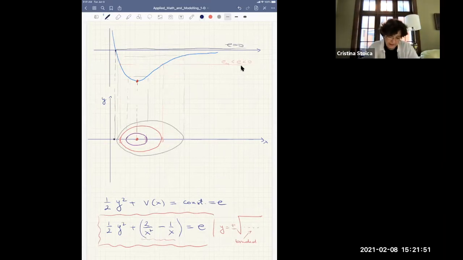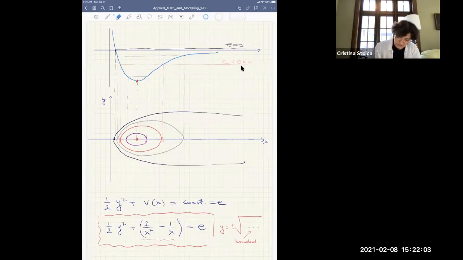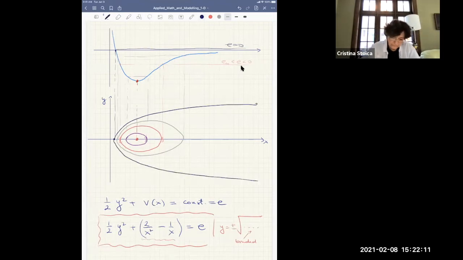So what happened there? The trajectories escape to infinity. Well, they shouldn't go down. They should just go up. Okay, there you go. So this is for E equals 0.